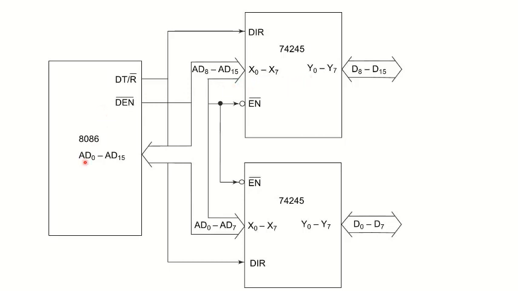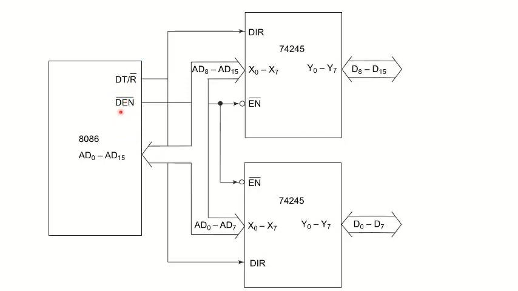Here you can see this is the 8086 microprocessor, and this is AD0 to AD15, the multiplexed address data bus. We have to separate the data from this line. Two signals are used to control this process. First is DEN bar.